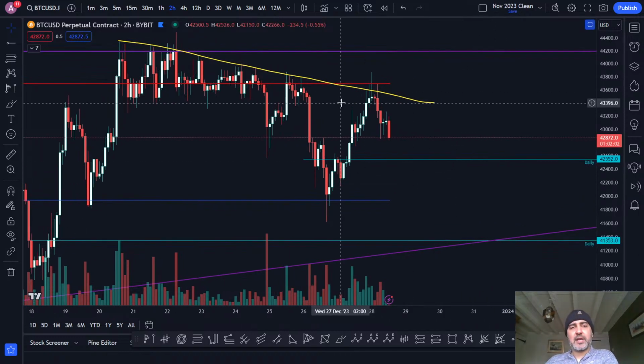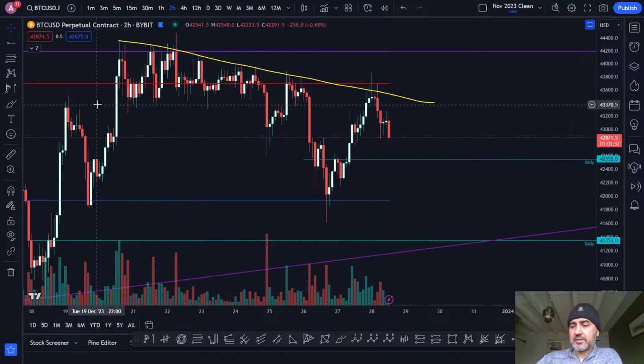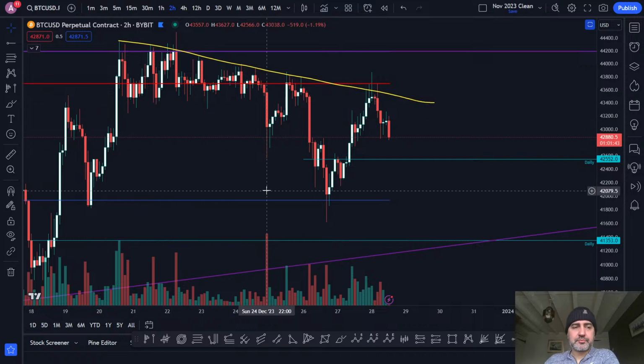So usually that's what happens: bulls take turns, bears take turns, bulls take turns, bears take turns. They take turns. It's like a game of Risk or Monopoly. Each player gets their turn. And sometimes you go to prison and you're stuck, and then the other player keeps on rolling and you get hammered.